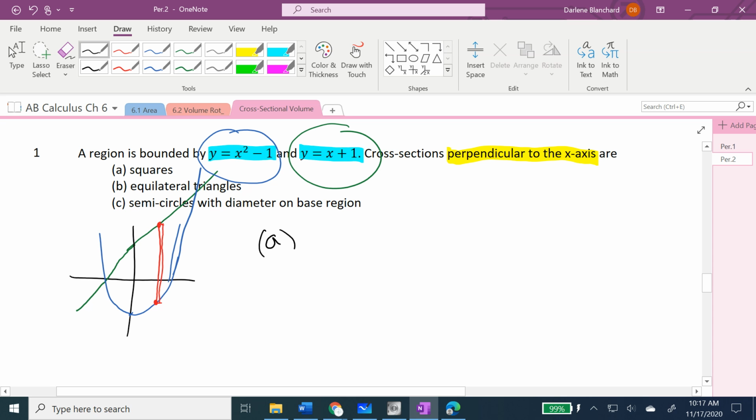So, first thing, realize you're using the differential dx because you are perpendicular to the x-axis.